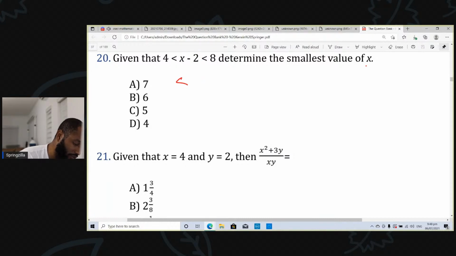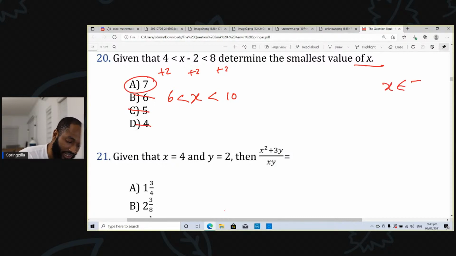I need to add 2 to everybody now, to get rid of this and get it to be x. So the smallest value of x is not 6, it's not 5, it's not 4, it's 7, given that x is an integer. Why is it not 6? Because it's actually a greater than sign here. Tricky. They love to do that kind of trick in this question too. If it were an equal to sign, then you could include the 6.